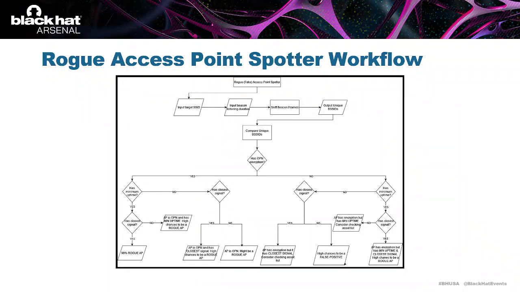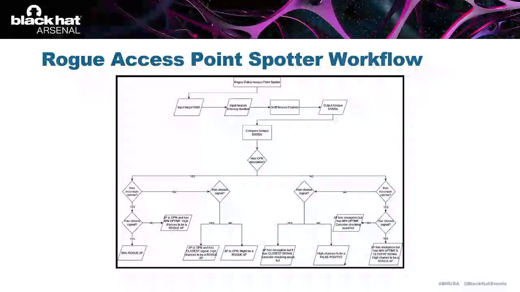And if it doesn't have the closest signal, we tell that access point has encryption but has minimum uptime. Consider checking your asset list. And lastly, if the target does not have the minimum uptime, then we are checking the closest signal value.